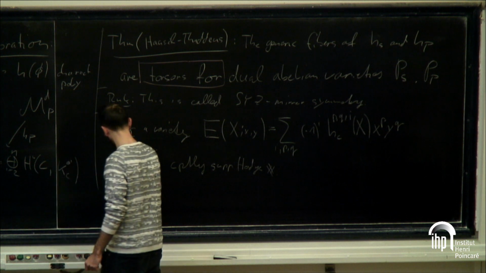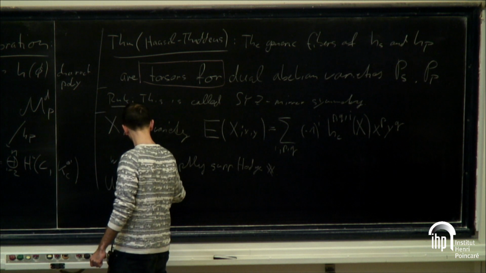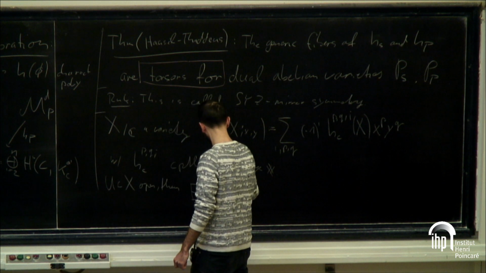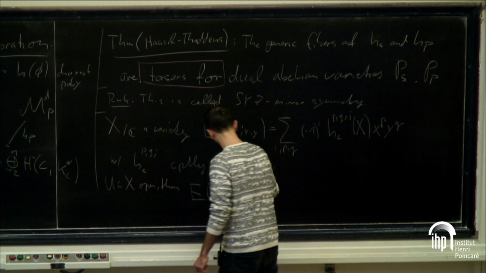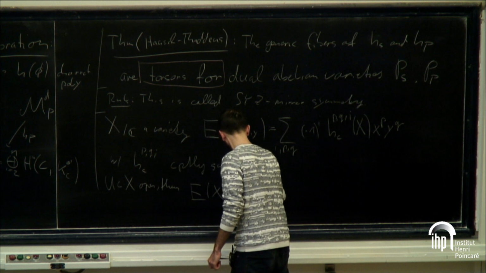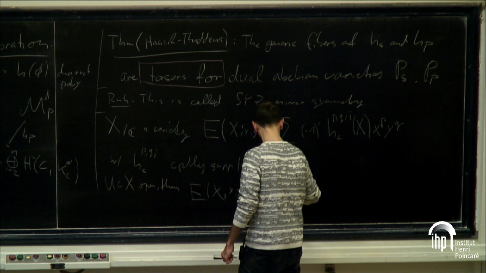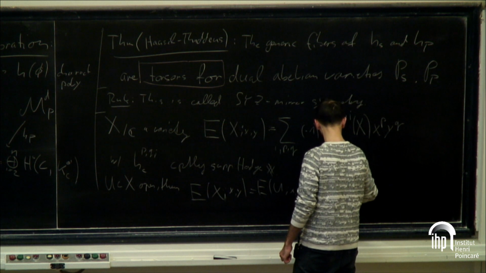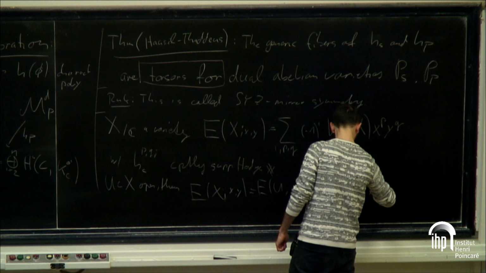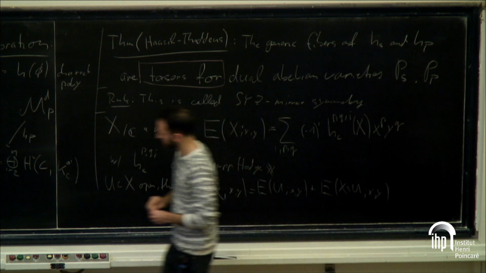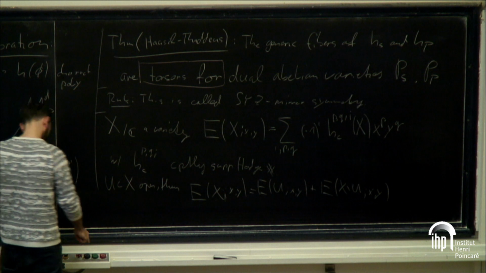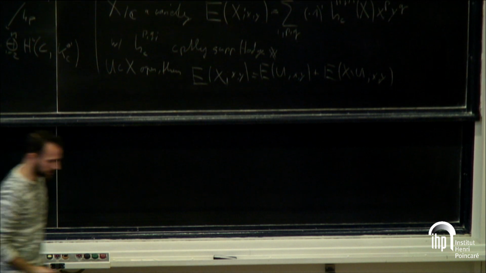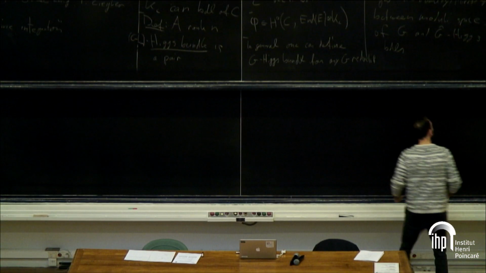So if I have U in X open, then E of X, XY, so it's actually, this way we get the realization of the K0 of varieties, the Grothendieck ring.